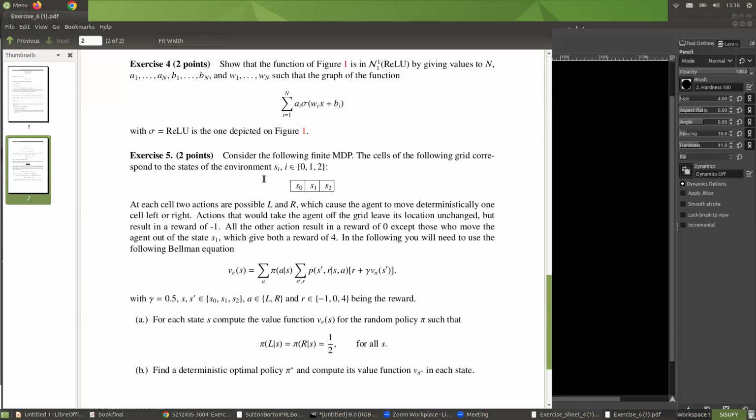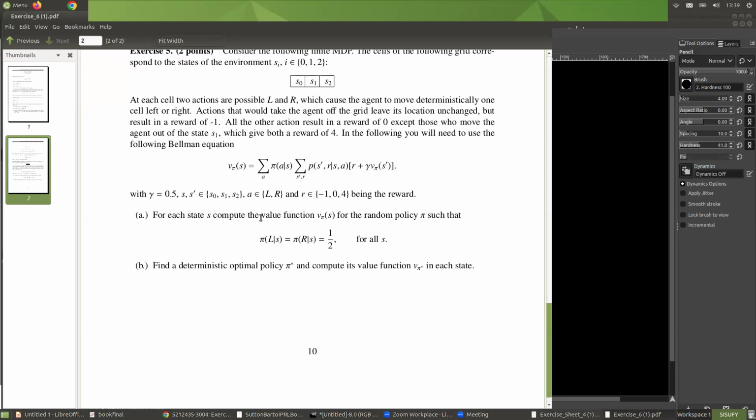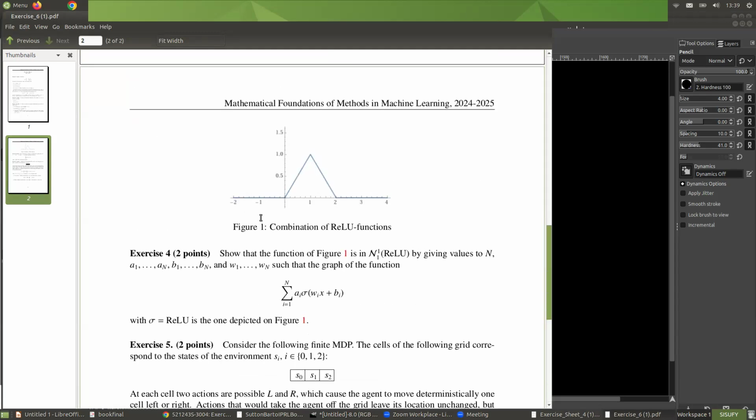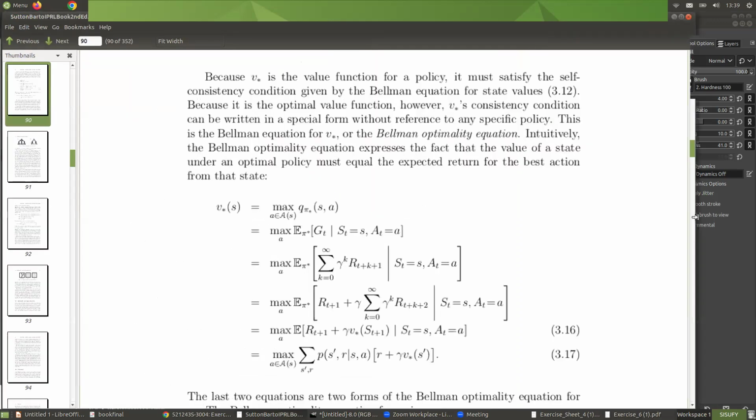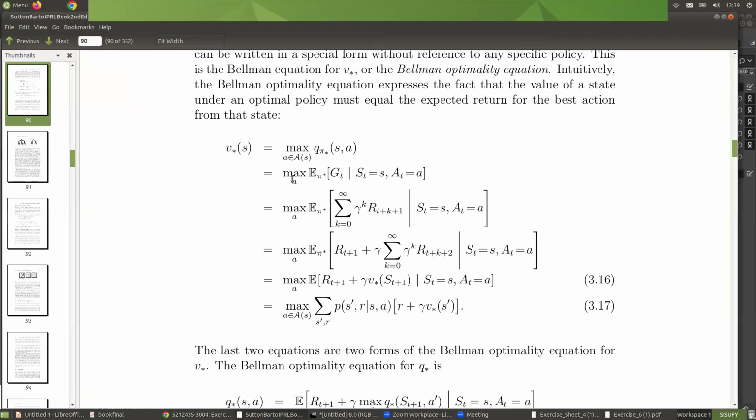By the way, here is the maximality equation. So the best possible, the maximal value at each state, can be obtained like this. And this is kind of a circular equation because you have V star here and you have V star there.